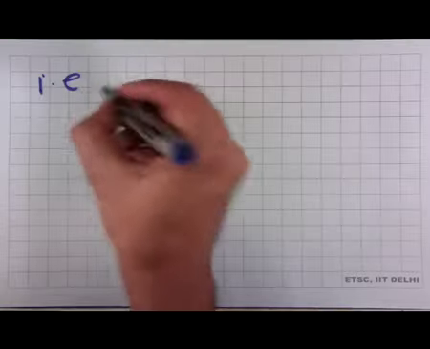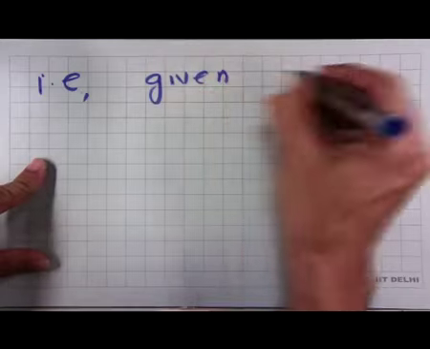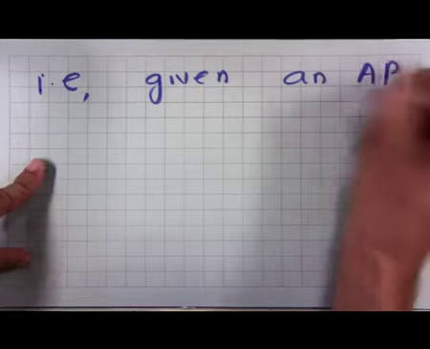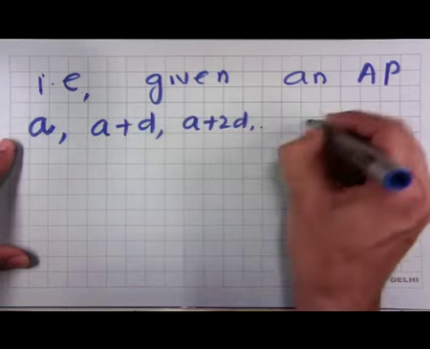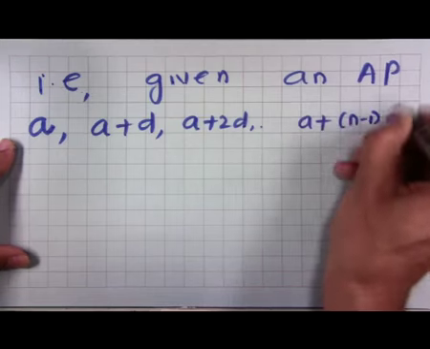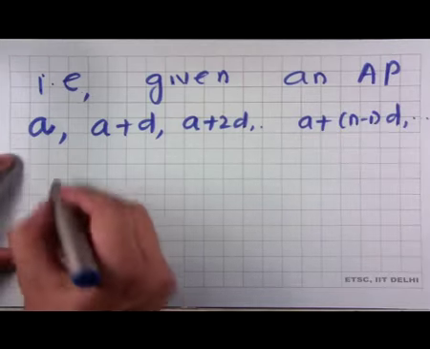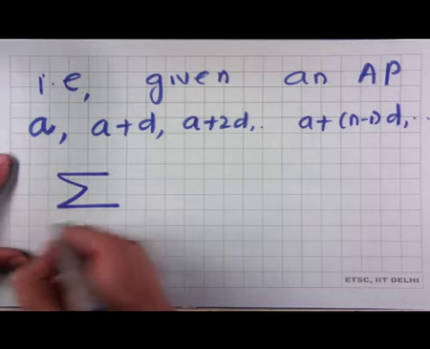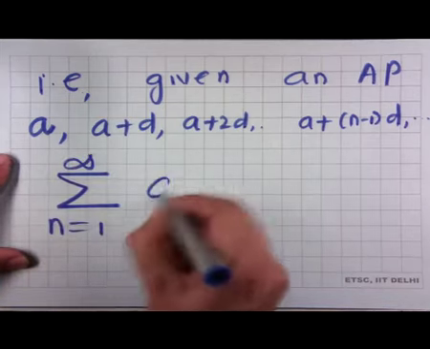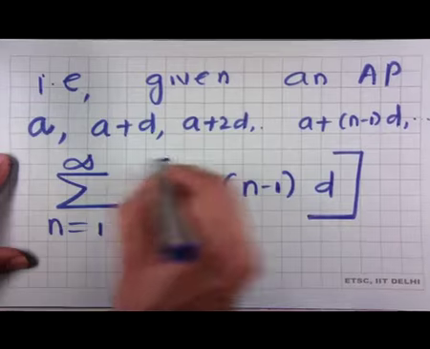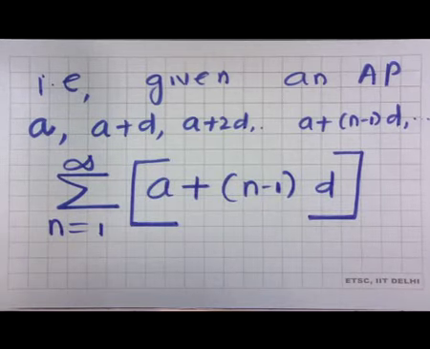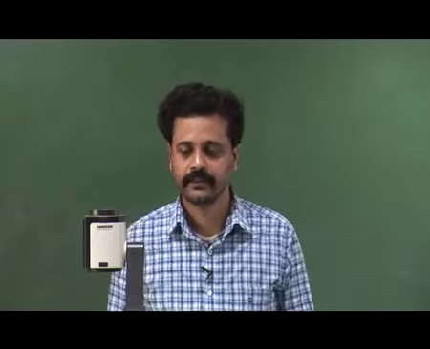That is, given an arithmetic progression a + d, a + 2d, so on, a + (n-1)d, so on, can we talk about the sum from n equal to 1 to infinity of a + (n-1)d? Can we talk about the sum of all terms of an arithmetic progression? Whether this series is summable.